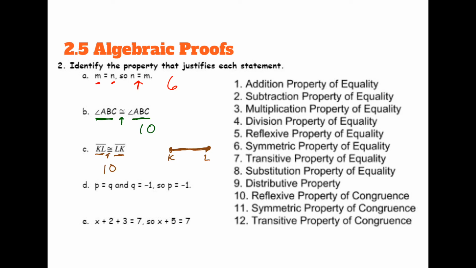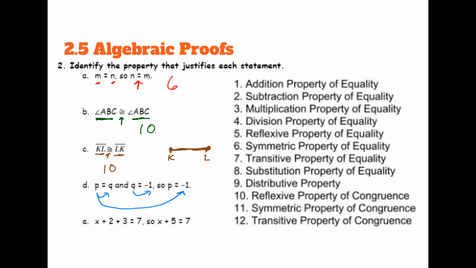D, so P equals Q, and Q equals -1, so P equals -1. So this one actually has 2 correct answers, and I would take either one on this one. So what we're looking for here is the transitive property of equality, right? So this equals that, so therefore the first thing equals the last thing.